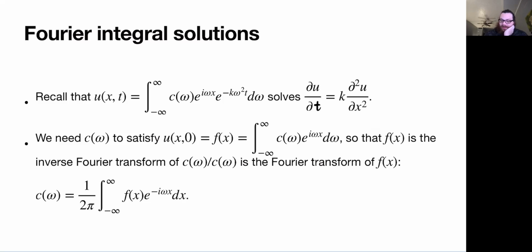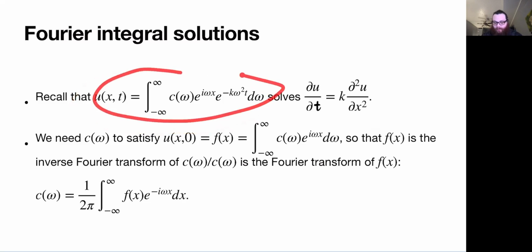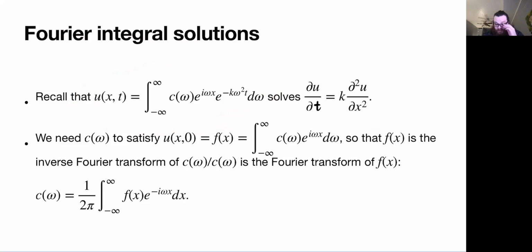And so it turns out that if we take a solution of this form, then it solves the heat equation. We can get that rather directly by asking what is the time derivative of this piece? Look through here, the only place that t pops up is this term.